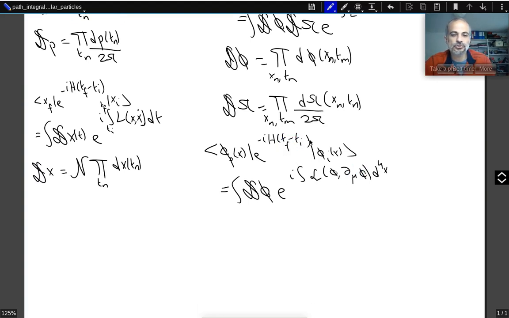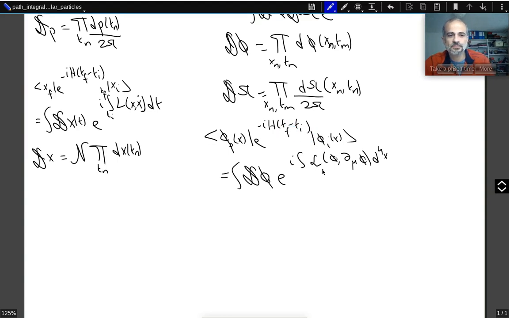And usually we will also take Ti to be minus infinity and Tf to be plus infinity, but we will come to that later on.